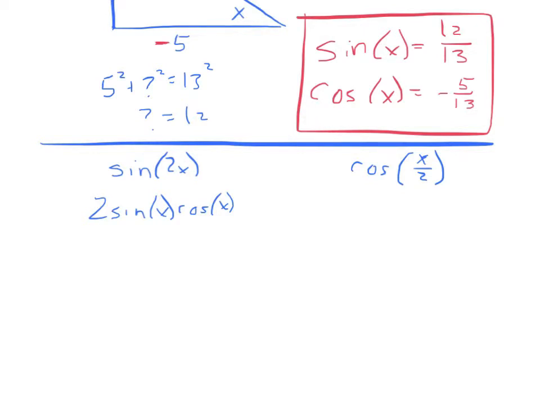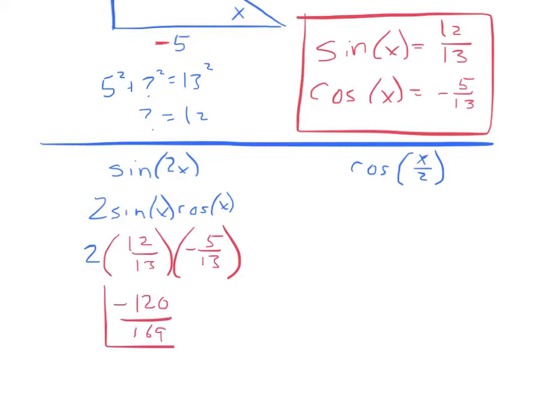Hey, they're over there in red. If I just plug these things in, 12/13 and negative 5/13, I'm going to end up with, let's see here, negative 120 over 169. And there it is. That's apparently the sine of double that angle.